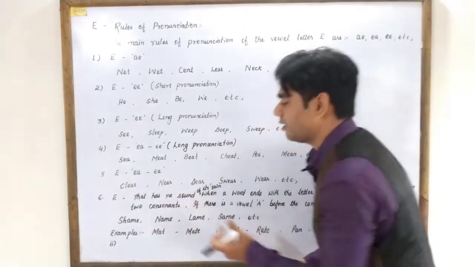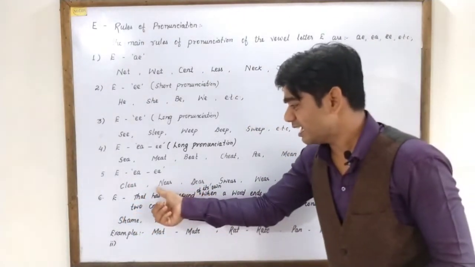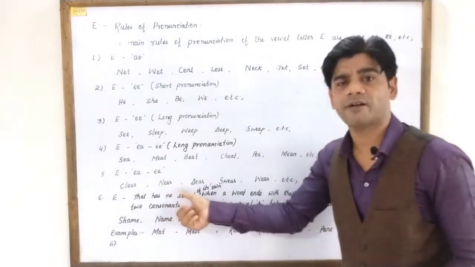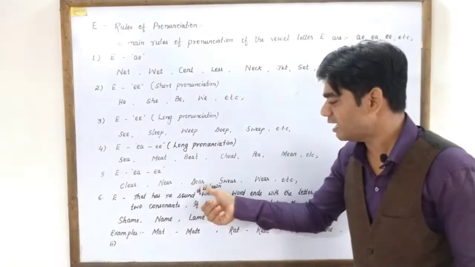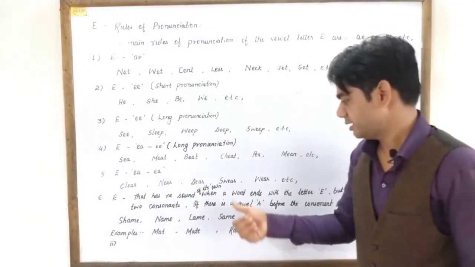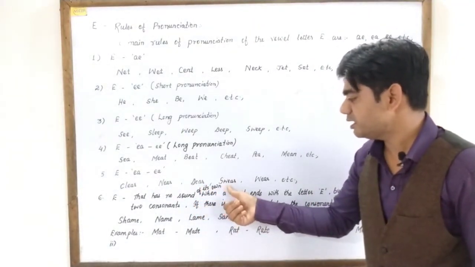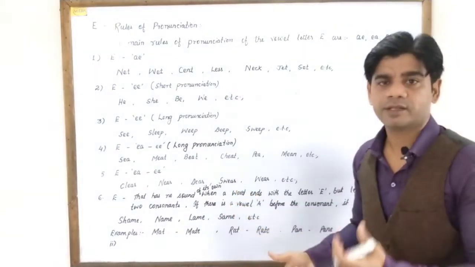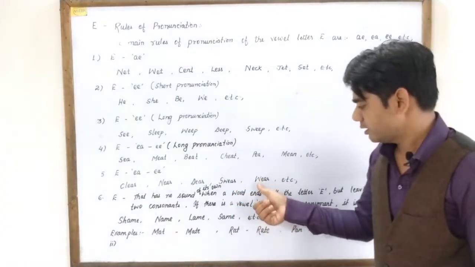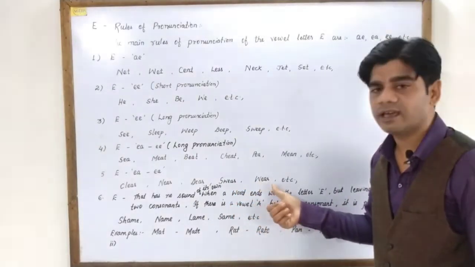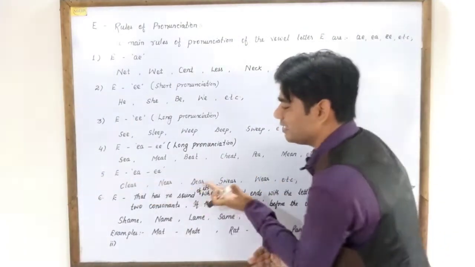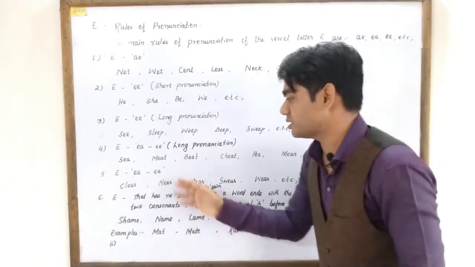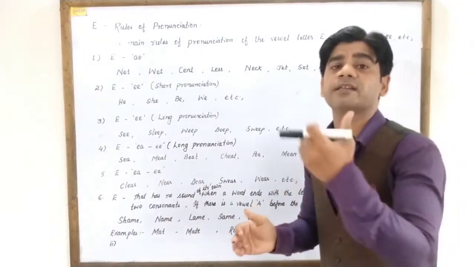Another example: N-E-A-R, near. D-E-A-R, dear. S-W-E-A-R, swear. W-E-A-R, wear. So these are the words that contain letter E and then the letter A, and they produce the ear sound.